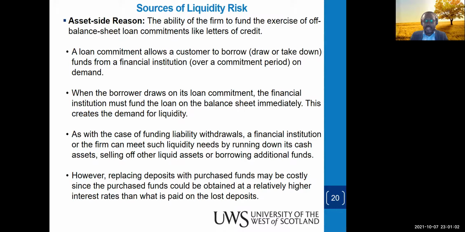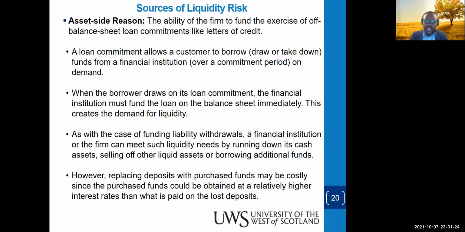Similarly, for example, in situations of letters of credit, I'm going to negotiate with an international party, and the bank guarantees that he's going to pay. Immediately, the bank must make this loan available so that when this party calls for the money, you pay it. Okay, so it creates the demand, the need for getting liquidity to fund these items.